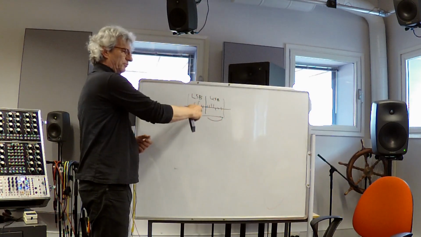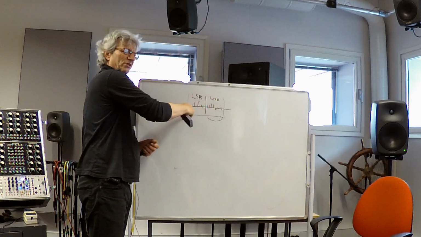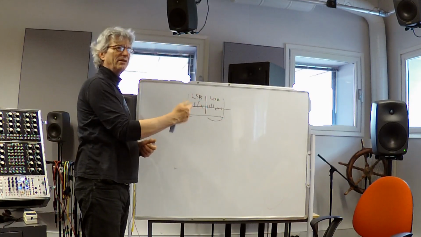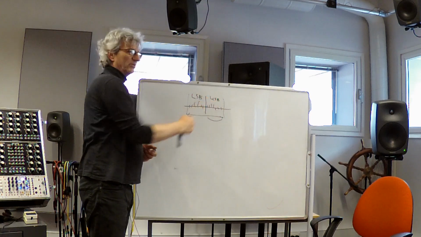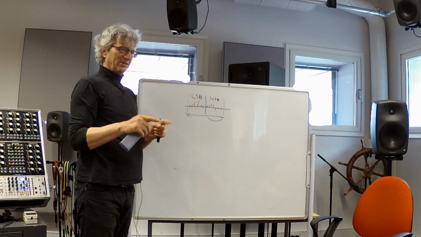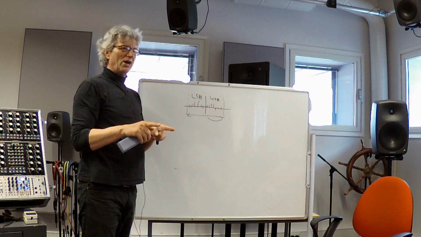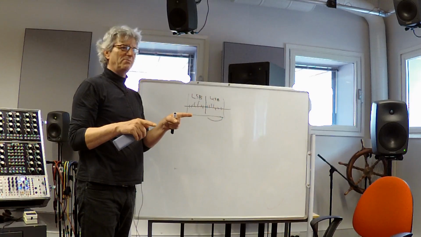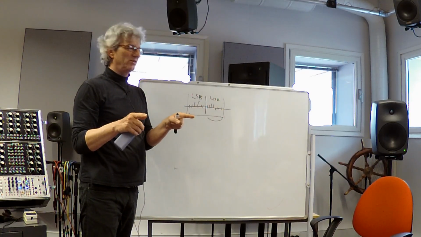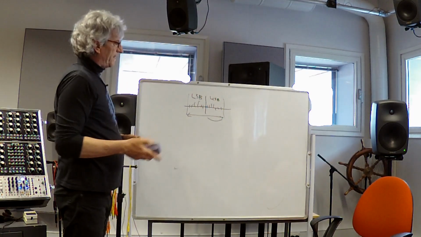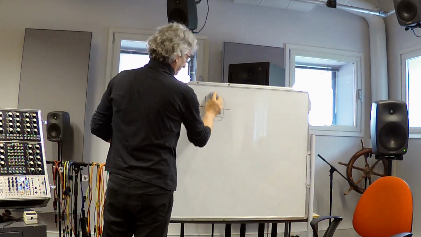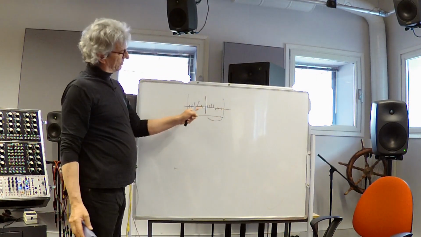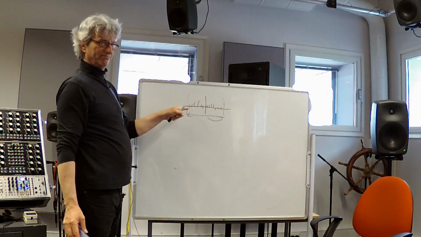With radio you would only broadcast one of the two sidebands and specify to the receiver whether you broadcast the lower or the upper. But actually the frequency shifter has two outputs, and the upper sideband is on one and the lower sideband is on the other. Now, if you do ring modulation, you will actually produce exactly the same.